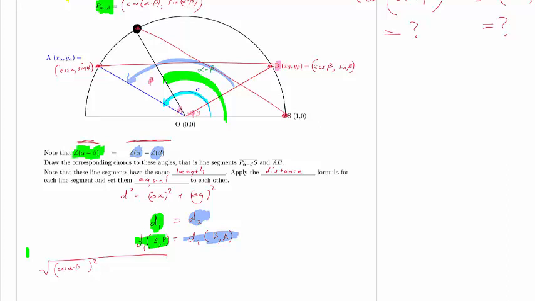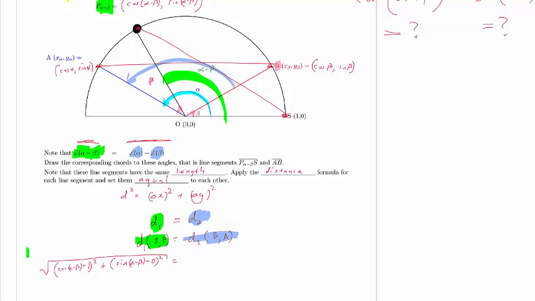And then minus the x coordinate for S, which you can see here is simply 1. So we stick that one there. And then plus the delta y. Again, we look at the y coordinate at P, and that's sine of alpha minus beta, minus the y coordinate of S, which is 0.